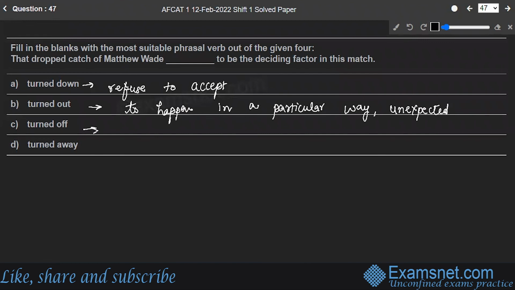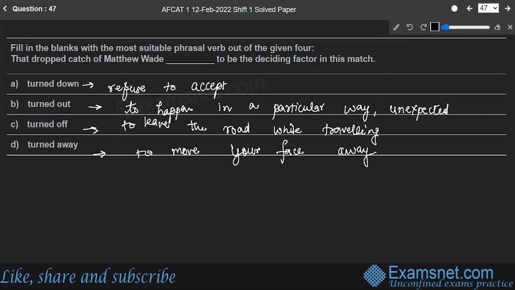Turned off, to leave the road while traveling, to move to some other road line. Turned away, to move your face so that you're not looking at something. You can say to move your face away.